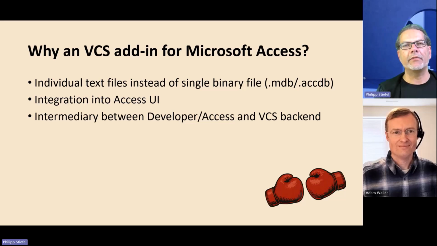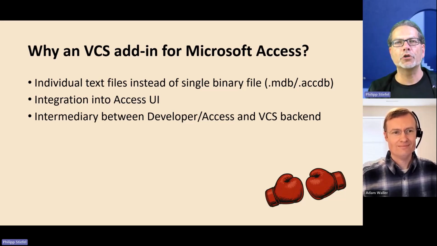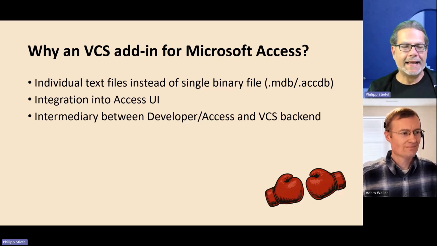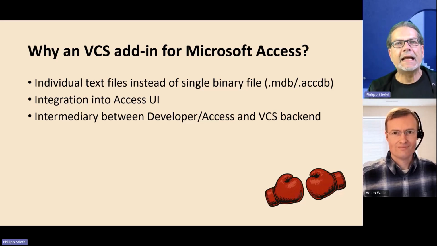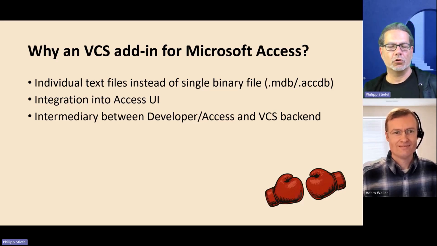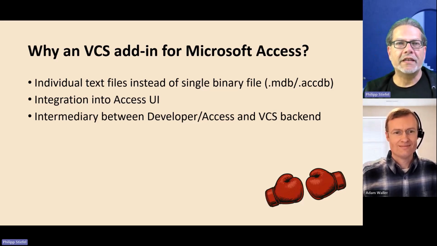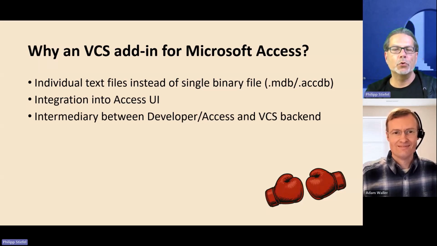Everything is lumped together in one binary file. And that is quite bad for version control because you will rather need individual text files describing your objects to be really able to leverage the benefits of version control. Also, these add-ins provide an integration into the Access user interface so that you have the power of version control right at your fingertips.